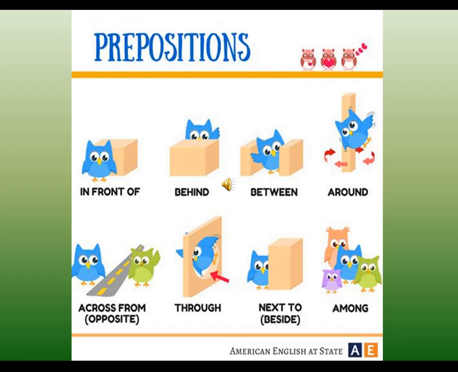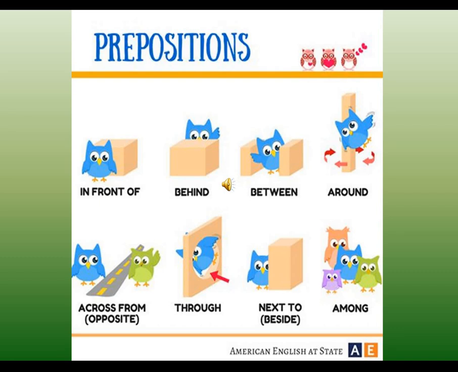In between the two blocks, the owl is placed. So in these cases, you have to use the word between. Around: when the owl is moving around something, the red arrows signify its movement. So when the owl is moving around, this is how it looks. Or when you are talking about something that moves around in a similar way, you have to use the preposition around.